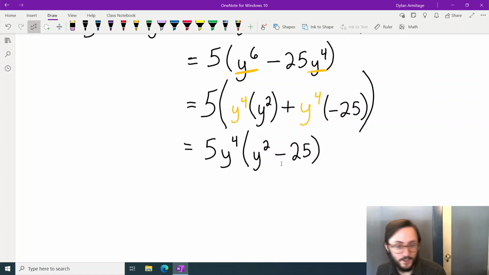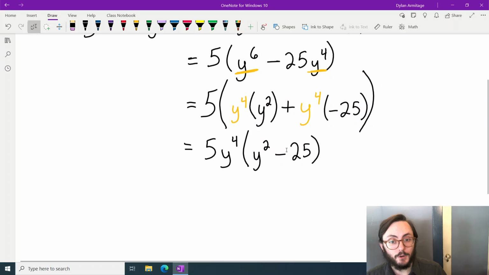You just go in reverse. But in this case, perhaps the easiest way to see how we can factor this: we're definitely going to have a factor of y and 5, with probably a negative thrown in there.